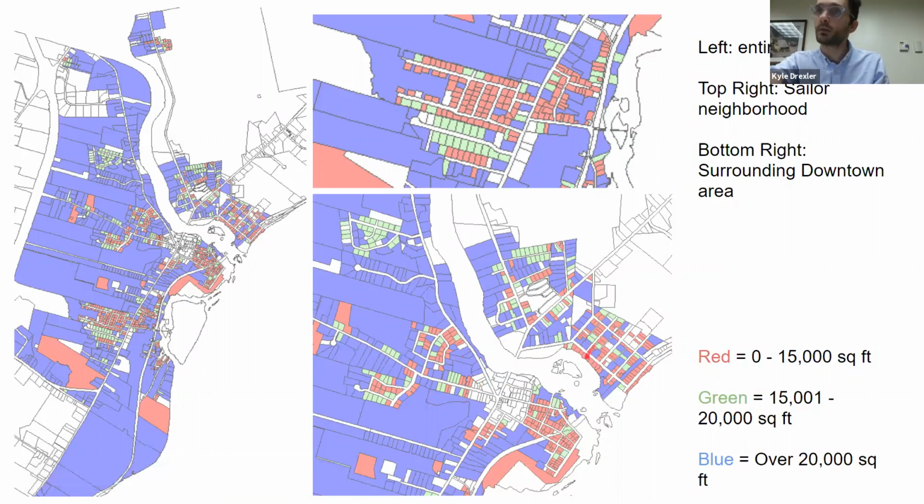And you can see again, the Webster neighborhood is fairly mixed. But again, there's still a lot of red and green in there, indicating that those lots under 20,000 square feet are functioning fine, and that that 20,000 square foot minimum might not be necessary.